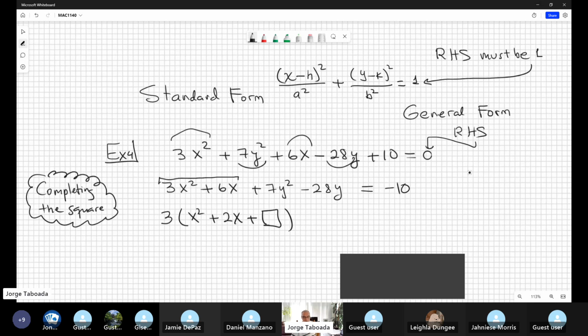For a moment, I don't touch this. Likewise, you copy plus 7, the common factor between 7 and 28 is 7. We have y squared minus 4y plus another box equal minus 10 plus 2 boxes. And remember, inside the boxes, I put the artificial number to help me to complete the square. Do you understand very well this organization?